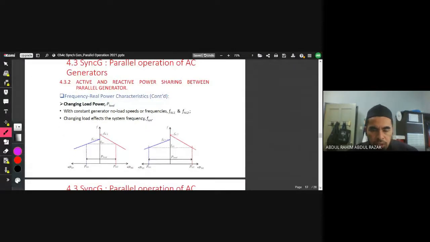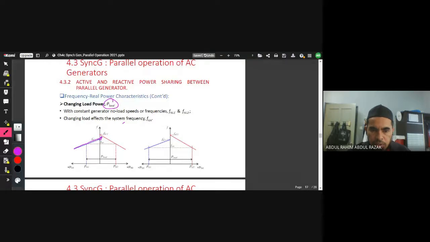Then when we change the load power, just now we fixed the frequency. Now if we change the load power, or the load will draw more power or less power from the system, what will happen? With constant generator no load speed or frequency, this roof is static over here.